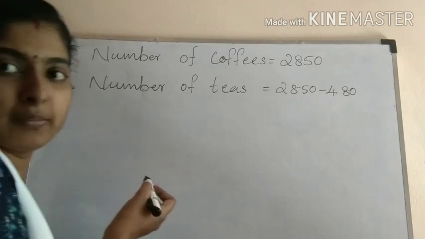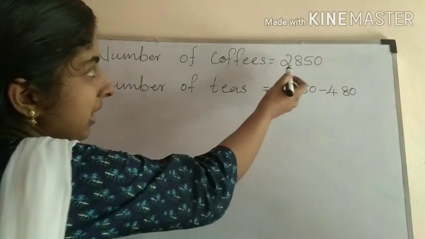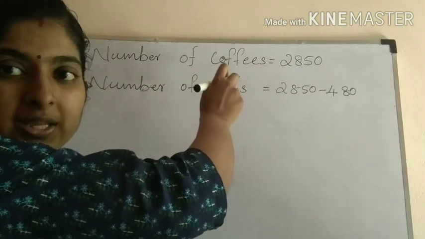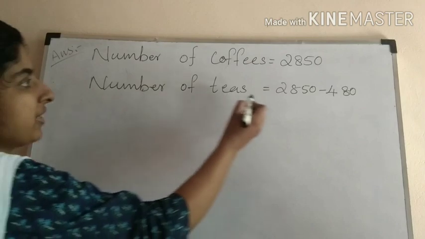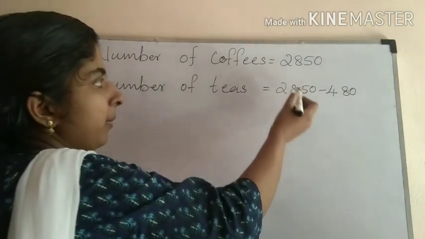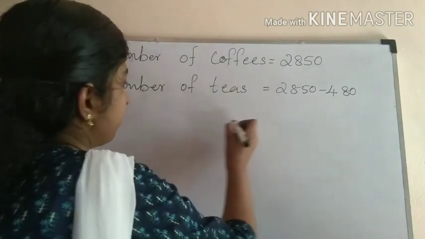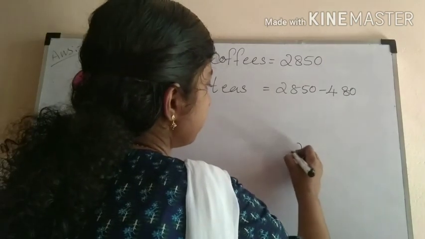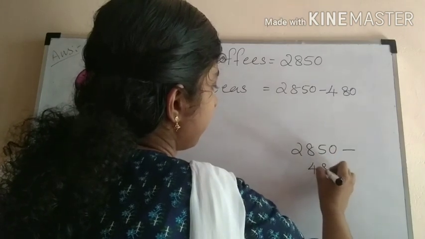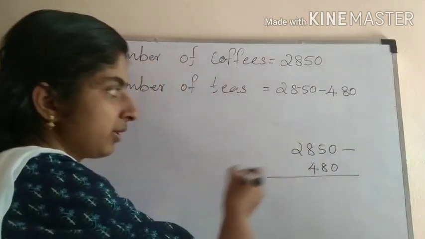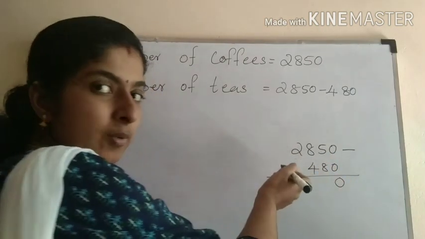Okay, how to find the number of teas? Number of coffees is given, so that is 2850. The number of teas is equal to the number of coffees minus fewer cups of tea, which is equal to 2850 minus 480. 0 minus 0, answer is 0. 5 minus 8, is it possible?